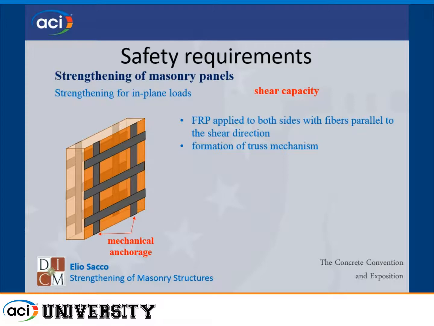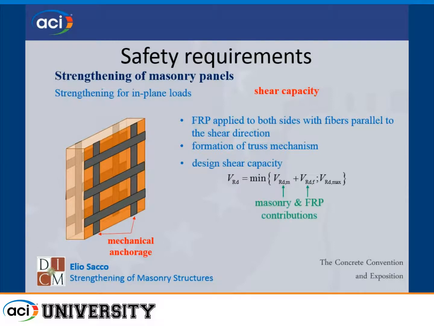About the shear capacity, we can apply horizontal FRP reinforcement, and in this case we can apply this kind of formula for the shear design, so that the resistant shear is the sum of two quantities: the shear absorbed by the masonry and the one taken by the FRP contribution.